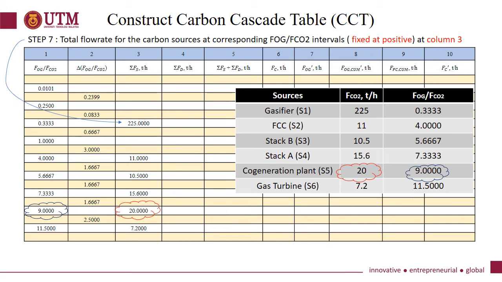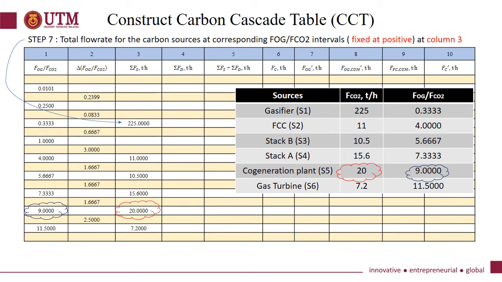Now, in column 3, we will fill in the flow rate of carbon source at the corresponding FOG over FCO2 interval. For better understanding, let's take the value of 9 from the FOG over FCO2 level in column 1 as an example. Refer back to the CO2 source table.